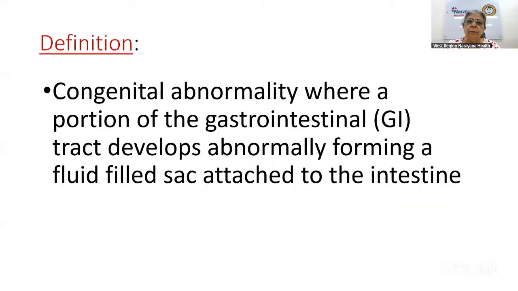Now, once the name duplication comes, we know it is the gastrointestinal tract. I will be talking only about the abdominal duplications. These are the congenital abnormality where a portion of the gastrointestinal tract develops abnormally, forming a fluid-filled sac which is attached to the intestine.